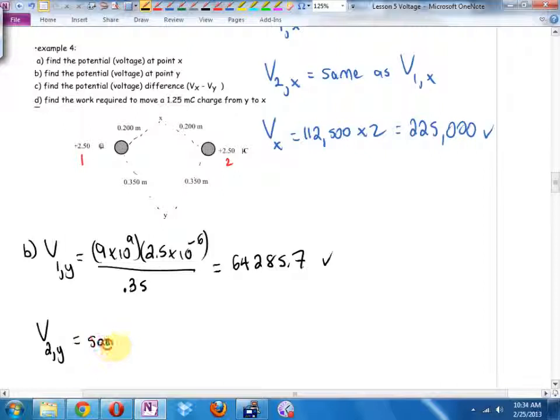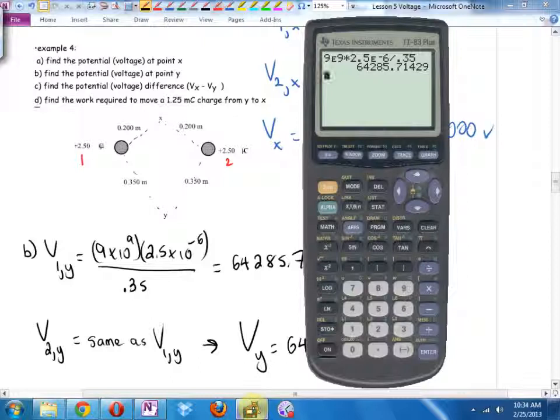So I'm just going to write same as V1 at Y. So the voltage at Y is going to be this number times 2. Cole, what I'm going to do is go second function, answer, times 2, because that would be way faster than retyping everything, because my calculator has an answer button.